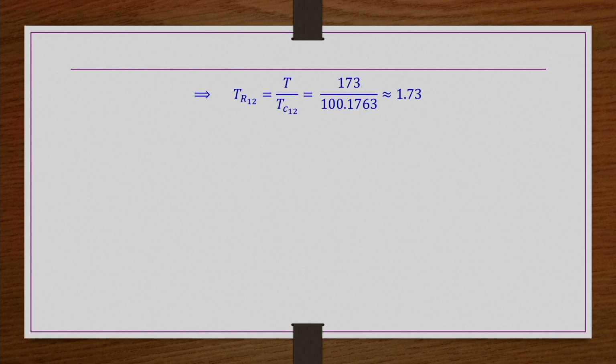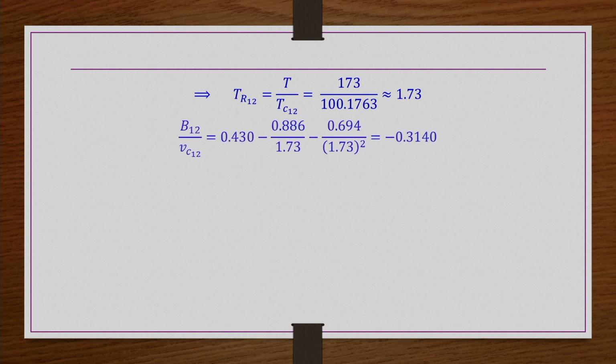Then Tr12 is nothing but T by Tc12, which you get approximately as 1.73, and then B12 by Vc12, if you substitute in the correlation, you will get minus 0.3140. Thus B12, that is B_H2-CO2, is nothing but minus 24.5462 centimeter cube per mole.